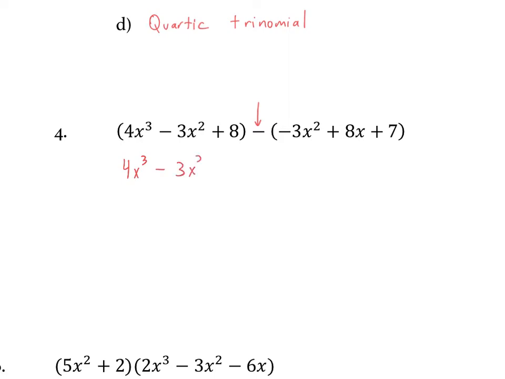Then you rewrite all the terms in the second set with the opposite sign. So this is a negative 3x squared, so we'll write a positive 3x squared. Here you have a positive 8x, so we'll do a negative 8x. And then a positive 7 turns into a negative 7.